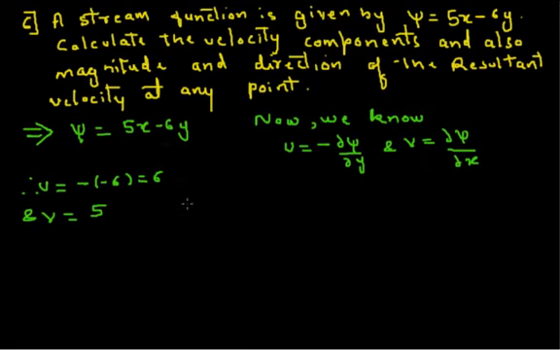You can also write the velocity vector as V is equal to 6i plus 5j. This is the velocity vector of this particular flow field.